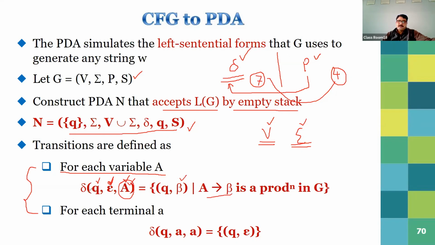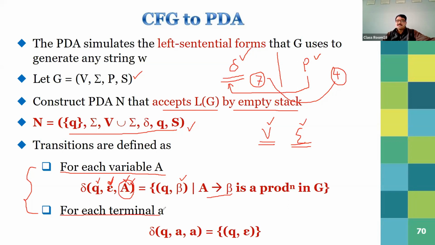So simply, you must write the variable here, and the variable produces some terminal or variable, or any combination of terminals and variables. So you must write that here, right? Here I have written beta, and this beta is produced by A. And similarly, for the terminal, this is another rule.